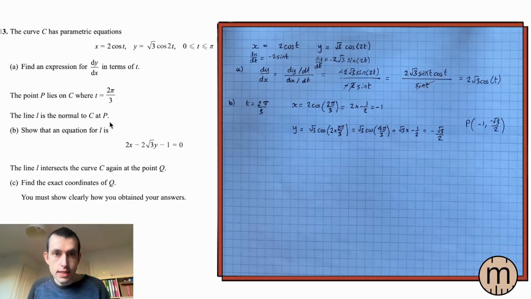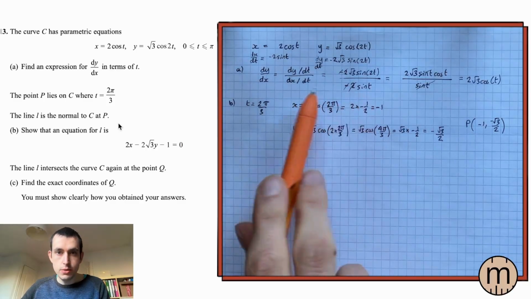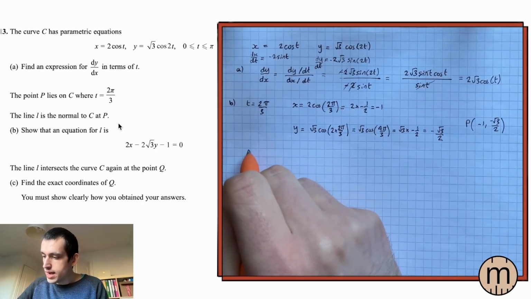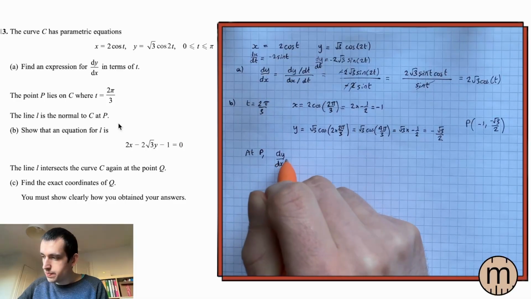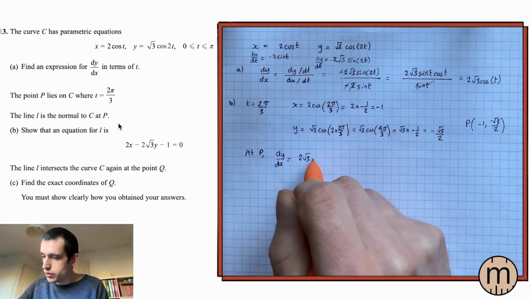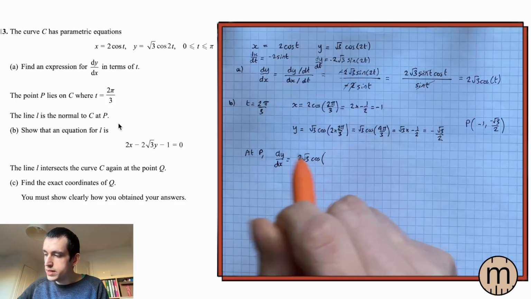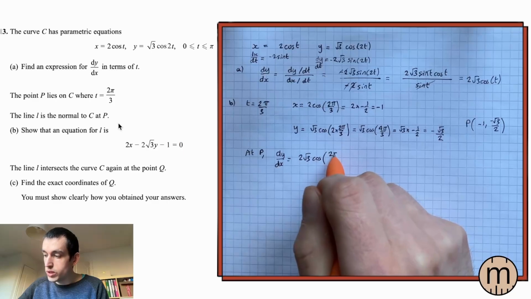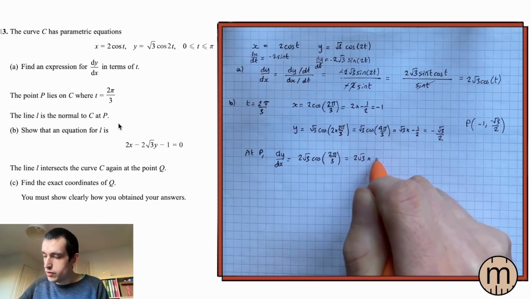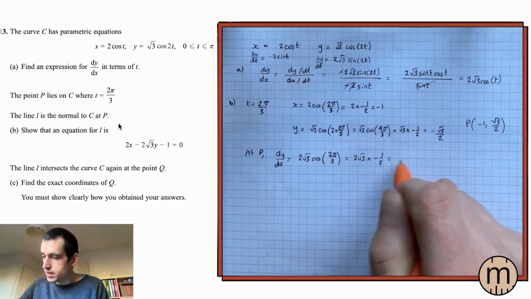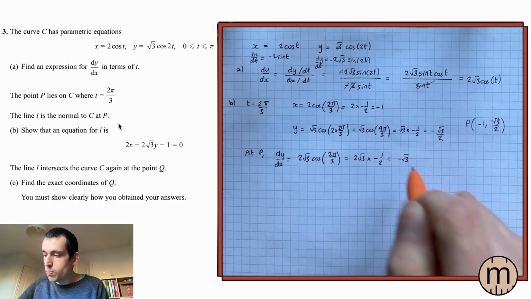Next, it says the line is normal to C at P. I see the word normal, and I'm thinking I need to find the derivative. Luckily, we did that in part A. So at P, the derivative is 2 root 3 cos t, which at t equals 2 pi over 3 is 2 root 3 times minus a half, or minus root 3.